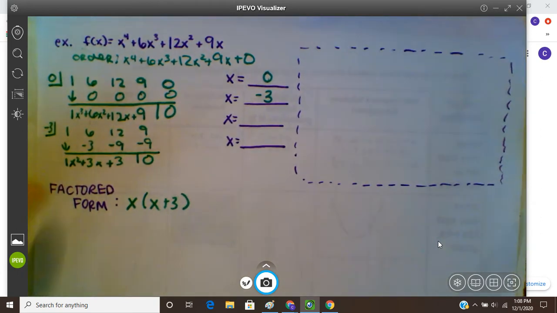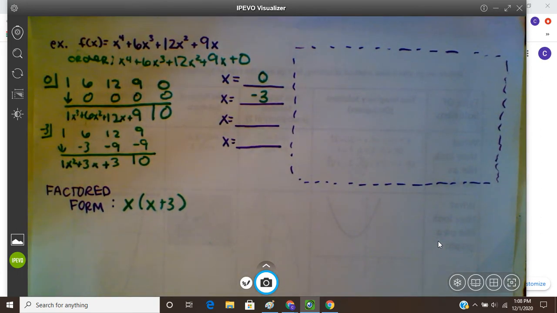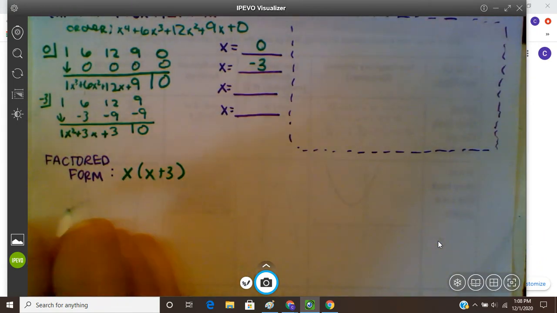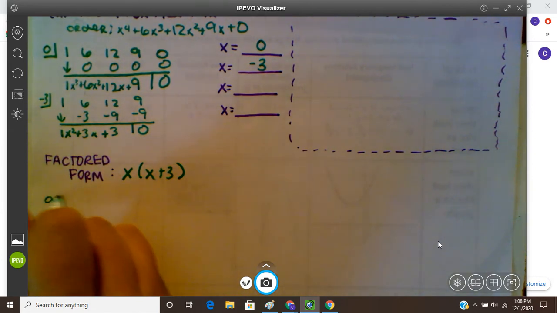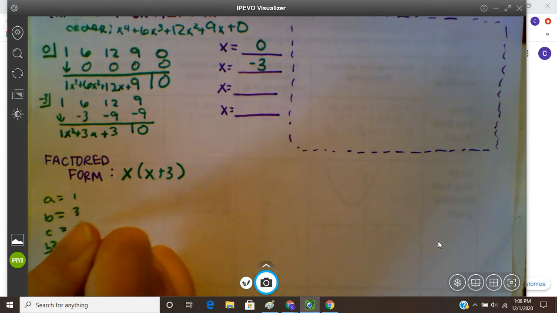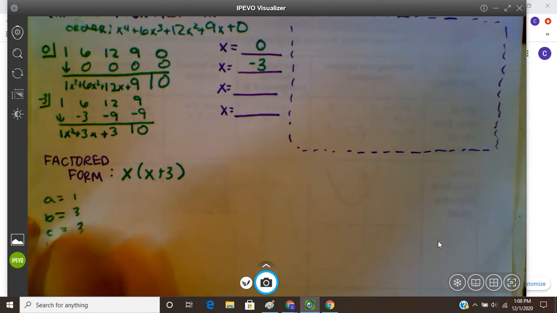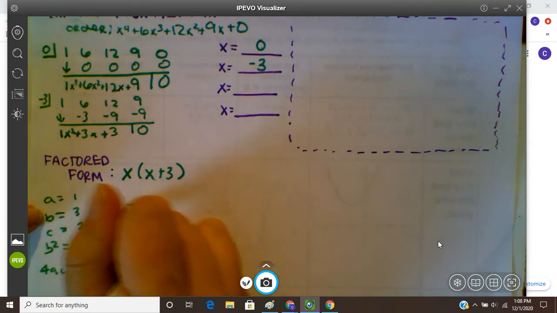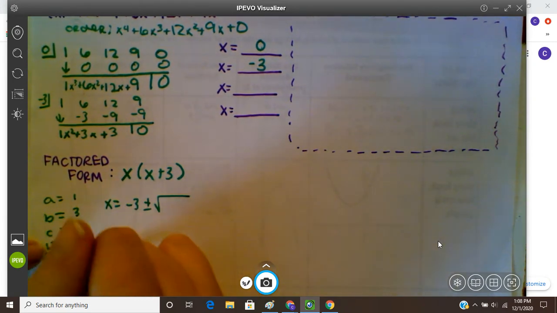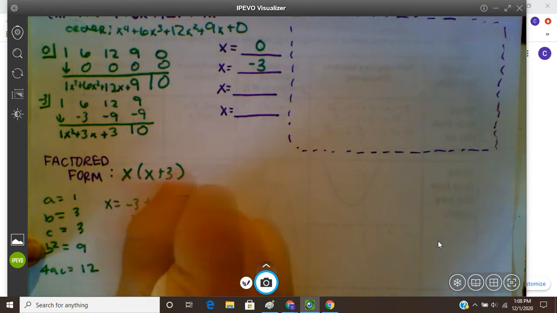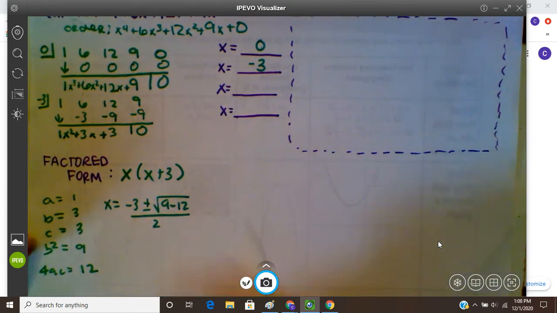Note that if you don't have enough room on the piece of paper that you're working with, use scrap paper. So down here, I'm just going to use my spot over here. I need to quadratic formula this, so I need a, b, c, b squared, 4ac. 1, 3, 3, 9, 4, 12. x equals -3 plus or minus the square root of b squared, which is 9, minus 4ac, so 9 minus 12, over 2a.